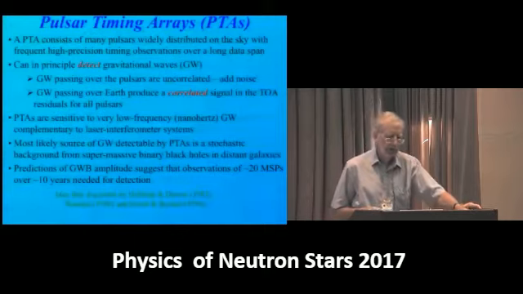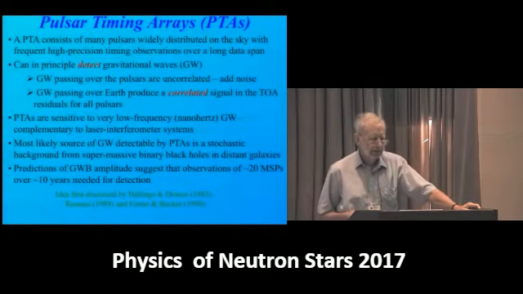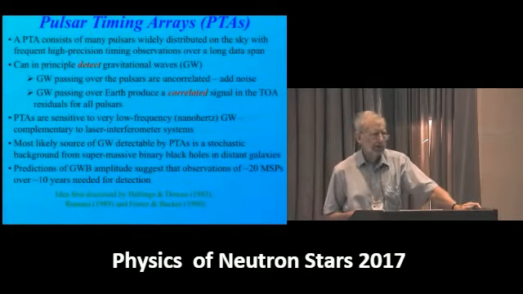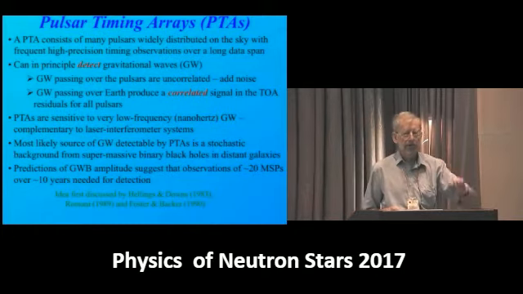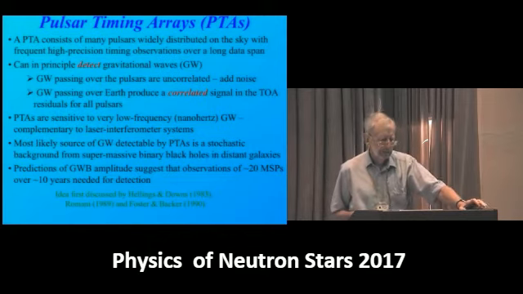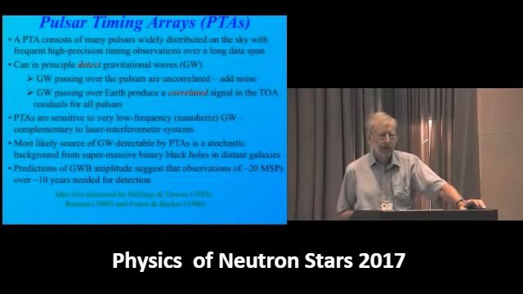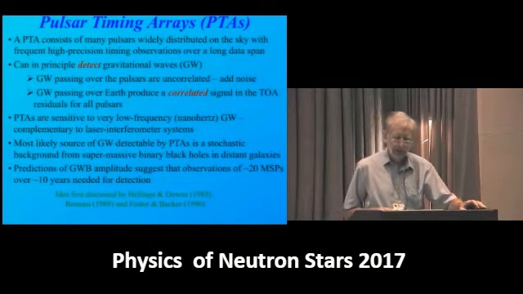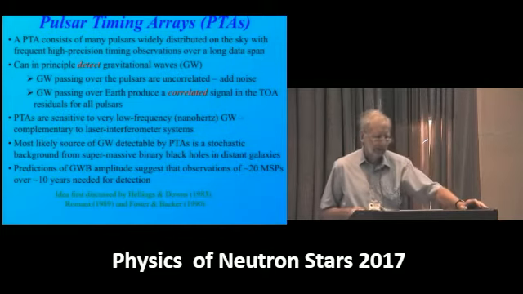So moving on to pulsar timing arrays. Pulsar timing arrays are arrays of millisecond pulsars which are spread across the sky. And in principle, you can detect gravitational waves and other effects with these pulsar timing arrays.